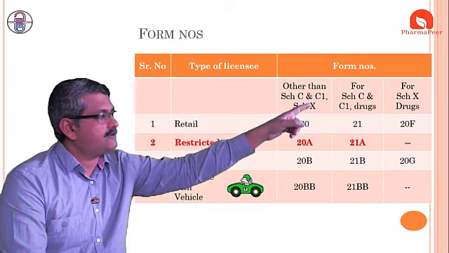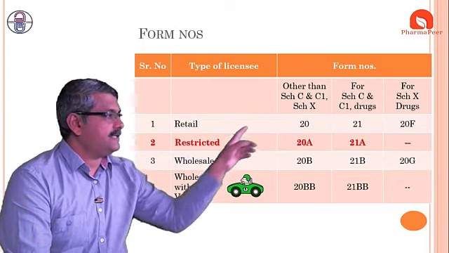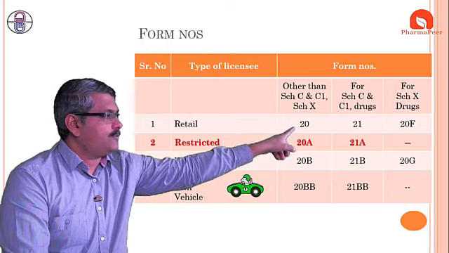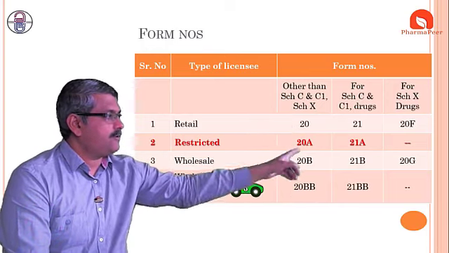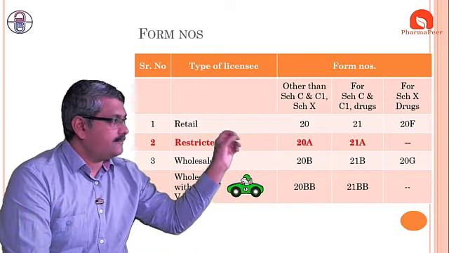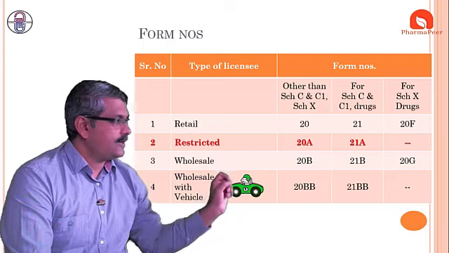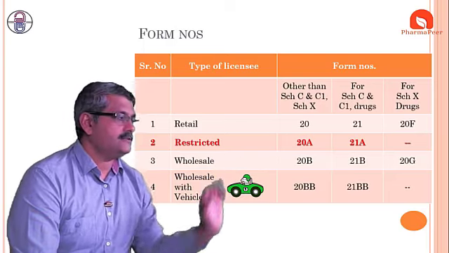And in the third column, write only X. Then in the first column write 20, 20, 20, 20. In the second column, 21, 21, 21, 21. In the third column, 20 dash, 20 dash, 20 dash, 20 dash.